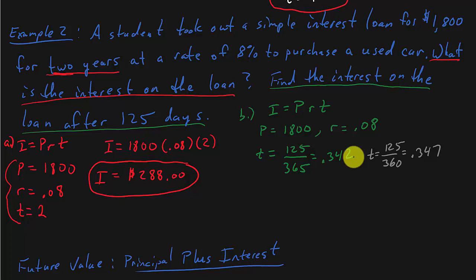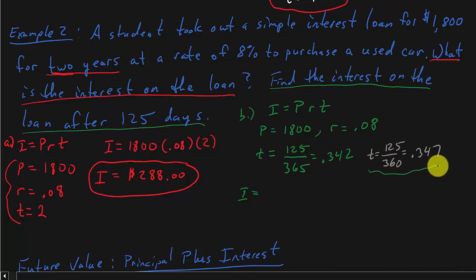And if it doesn't say anything, just use 365, unless your teacher tells you differently. But the difference here, let's look at this. I equals, now let's plug in the P, the R, and the T. Now remember, we're not using this one, we're using the 365 days.